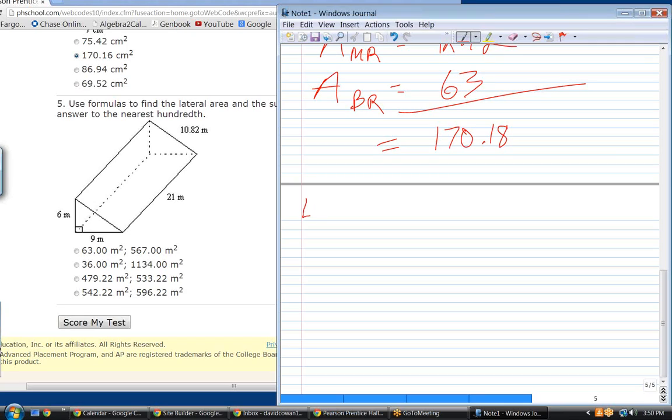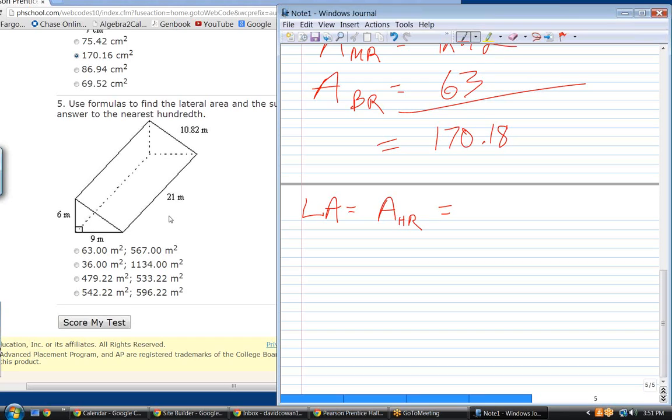So the lateral area equals the, we could call it the area of the hypotenuse rectangle. What's that? Of the hypotenuse rectangle.